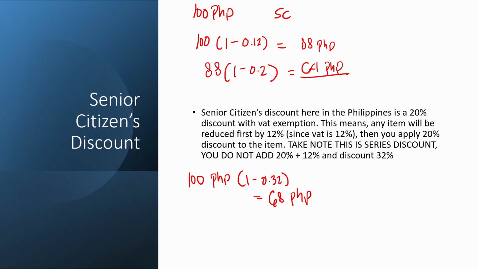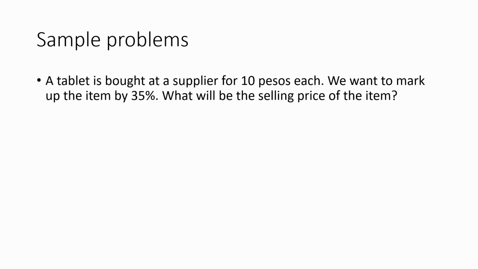Okay. Next, let's run some sample problems. A tablet is bought at a supplier for 10 pesos each. We want to mark the item up by 35%. What would be the selling price of the item? So let's use the formula for percent markup.